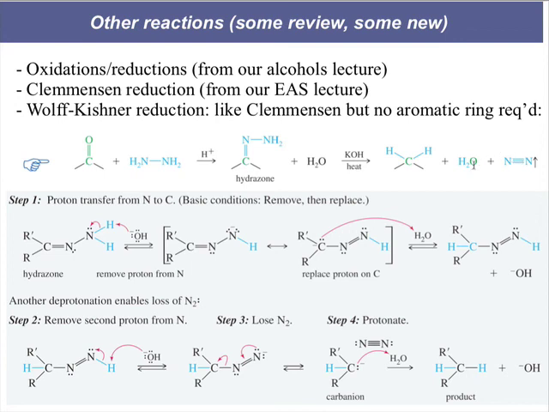We'll lose water from our water and our two hydrogens. We'll lose our two N's as N triple bond N, and we just end up with a normal carbon with two hydrogens on it. If you want to try to figure out the conversion of the hydrazone into the alkane here using H2O and KOH, go for it. The leaving groups are going to be water and N triple bond N.